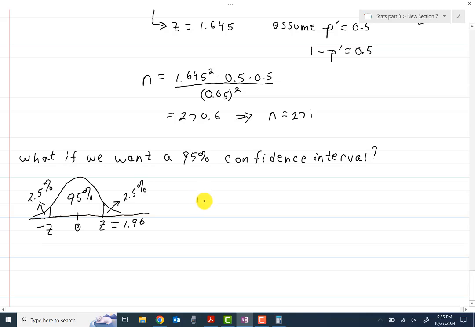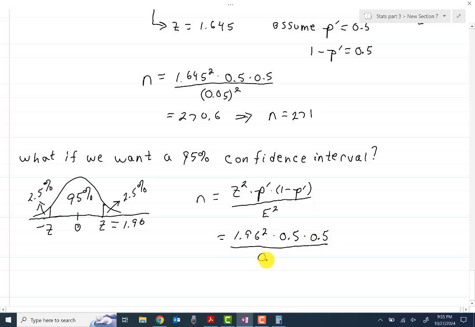And then our n is going to be z squared times p prime times 1 minus p prime divided by the error squared. So we have 1.96 squared times 0.5 times 0.5 divided by 0.05 squared.